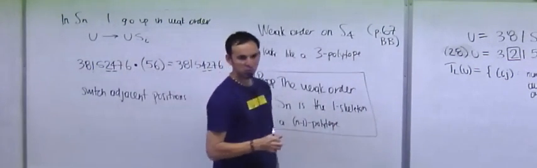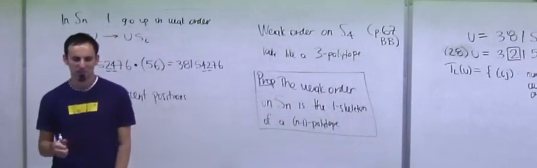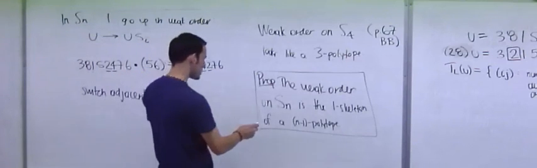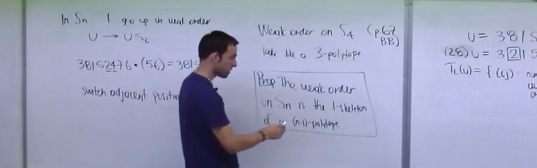So if you're used to staring at polytopes enough, you might recognize that this is a zonotope, if you know what that means. And this is actually true.